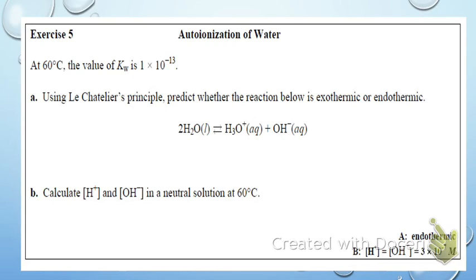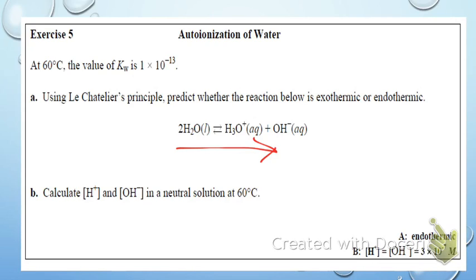Well, I mean, it says it's endothermic, but why is it endothermic? When we heated it up, what happened to our Kw value? It got larger, right? And so if it got larger, which way did this thing shift? Right. Shifted this way. So if it shifted that way and we heated it, that means it's an endothermic reaction.